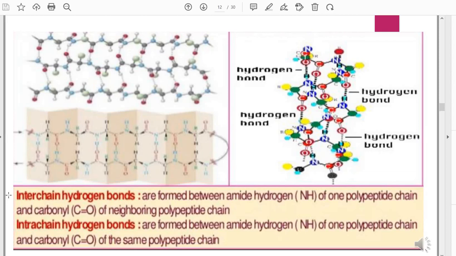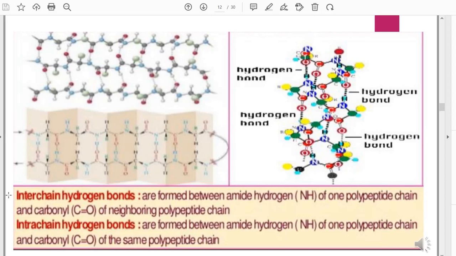So here it is between 2 polypeptide chains. But the intrachain, intra means inside, in. So a hydrogen bond formed between the amide nitrogen of one polypeptide chain and the oxygen of the same or the carboxylic group of a peptide bond in the same polypeptide chain. So they are called intra, in.